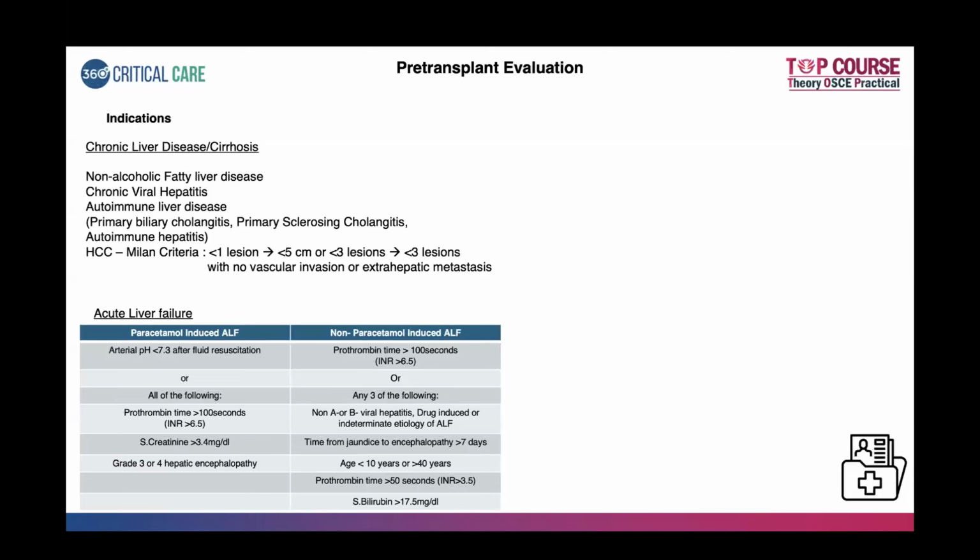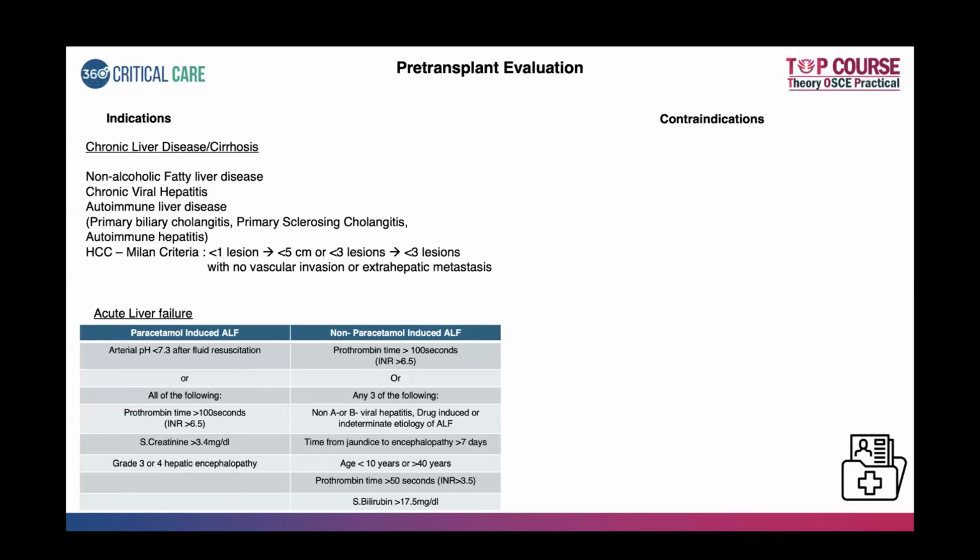The one thing I want to emphasize is that bilirubin as a criterion comes in only in non-paracetamol-induced ALF. It does not come under paracetamol-induced ALF. When you're writing your answers in the exam, there may be a small confusion. So for paracetamol, it's only INR, creatinine, and hepatic encephalopathy, whereas for non-paracetamol, bilirubin comes in along with the other 4 parameters.